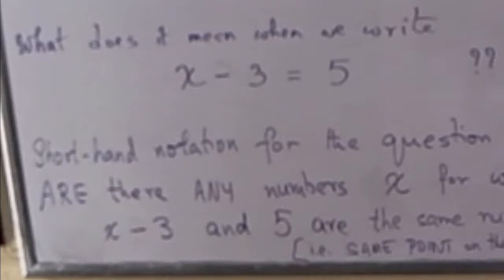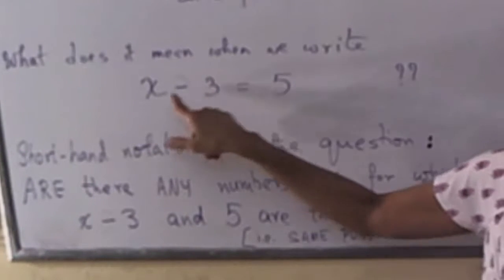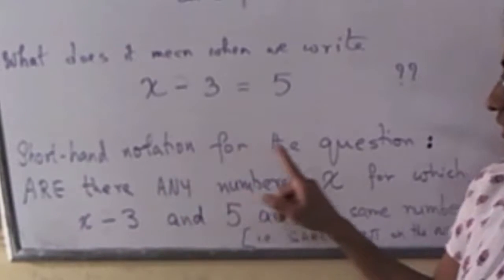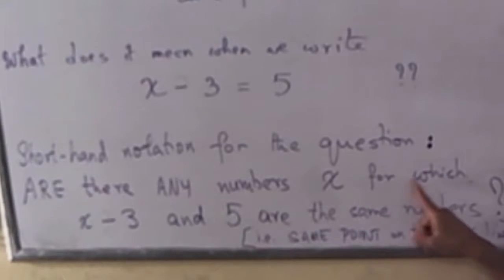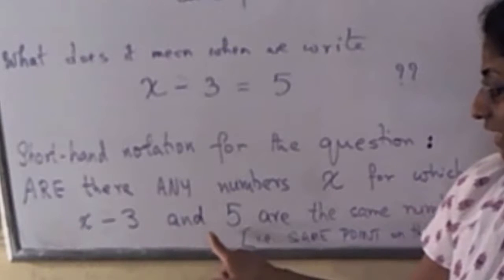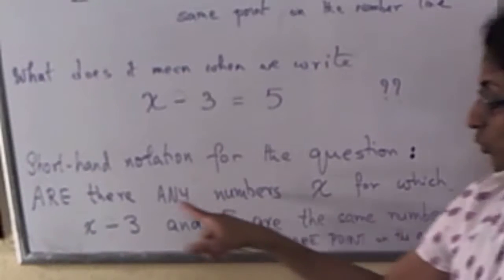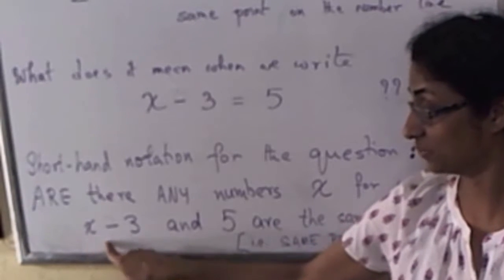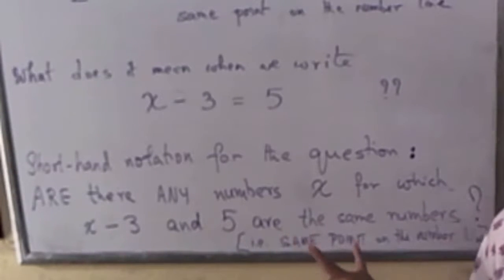For that I have to say anytime we write what we call an equation like this with a letter in it, that is a shorthand notation for the question, are there any numbers x for which x minus 3 and 5 are the same number? Or in other words, the same point on the number line. So let's look at this question again. You're looking for numbers x such that x minus 3 becomes a number, and that number and 5 you would like to be the same number.